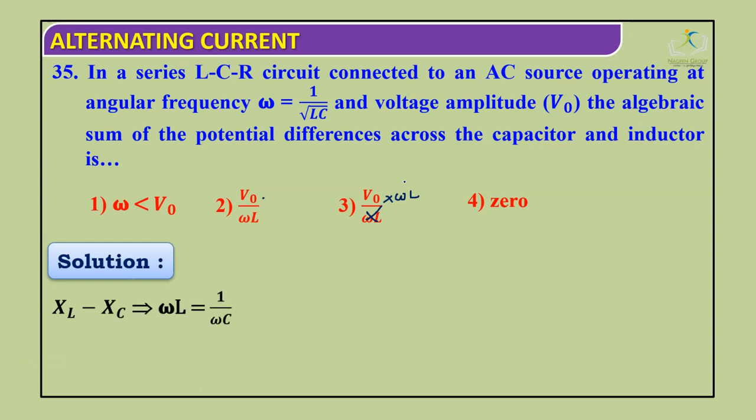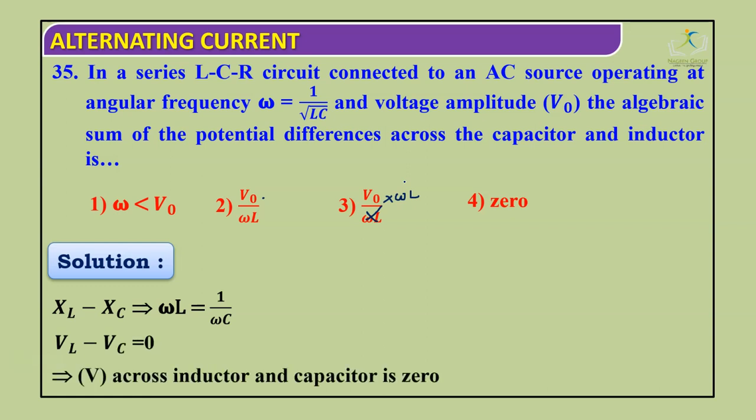Solution: we have XL minus XC, omega L equal to 1 by omega C. So VL minus VC is equal to 0. So the voltage across the inductor and capacitor is 0. That means the correct answer for this question is 0.